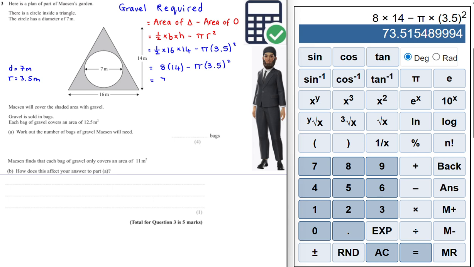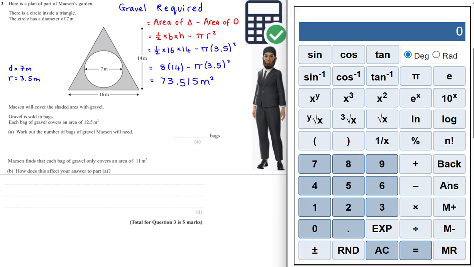So we need 73.515 meters squared of gravel. That's what we need. Now it's sold in bags of 12.5. So to work that out, we're going to divide the total amount of gravel required by this number.